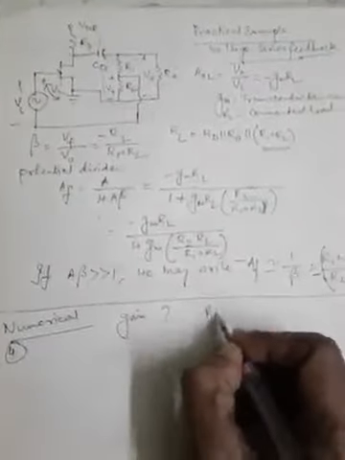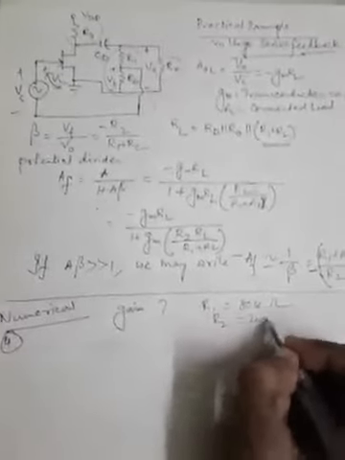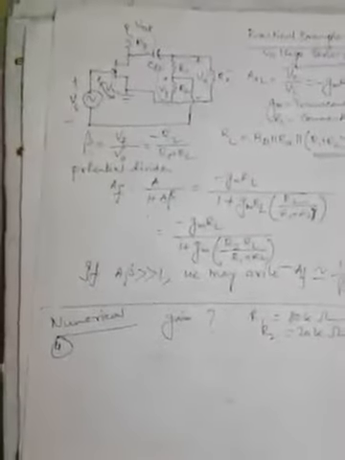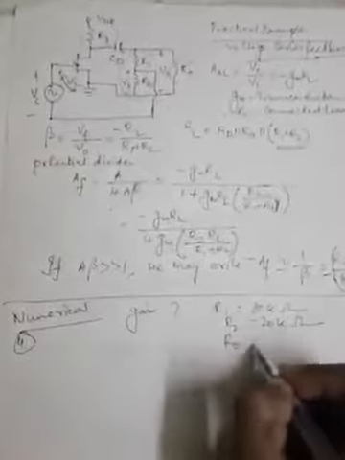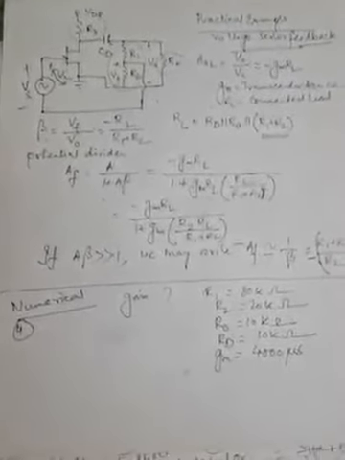Having values R1 given as 80 kilo ohm, R2 given as 20 kilo ohm, RO given as 10 kilo ohm, and RD given as 10 kilo ohm, and the transconductance GM is given as 4000 microsiemens. This is the FET parameter, transconductance. Now let us just use all the formulas to find the different results.